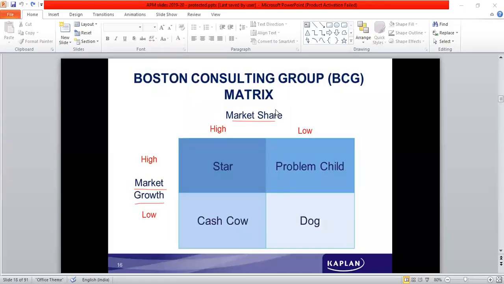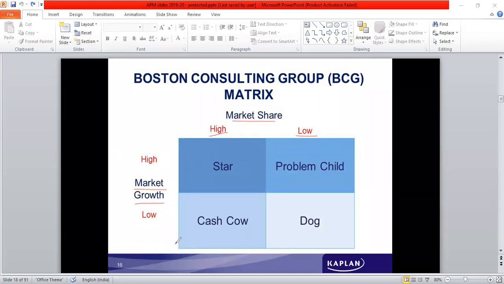Market share also talks about whether they have already captured the market, whether some customers are with them. It talks about the present performance, which is on the higher side or the lower side. On the left side it is high, on the right side it is low.